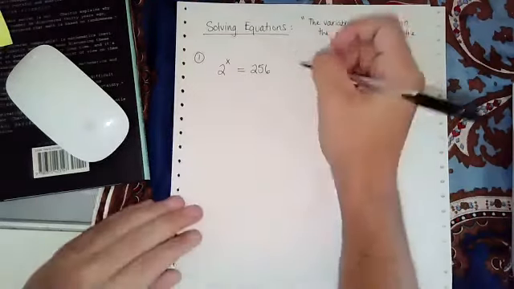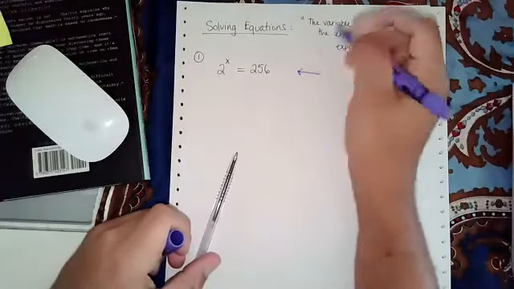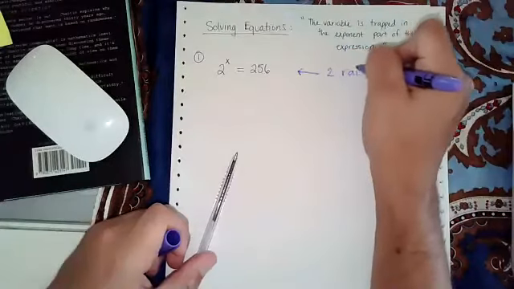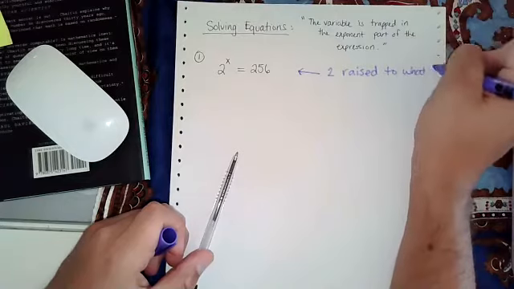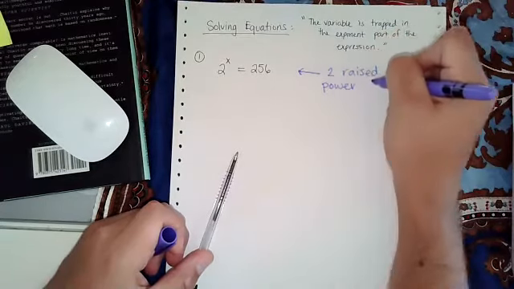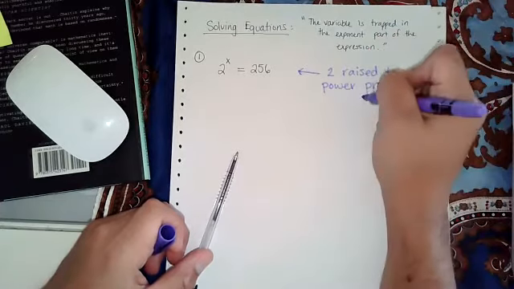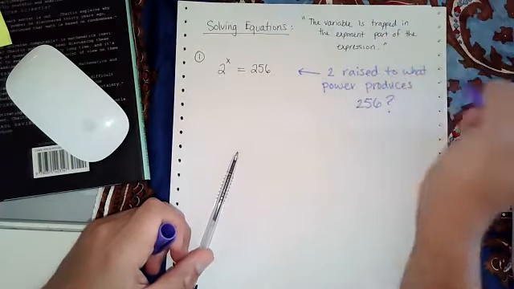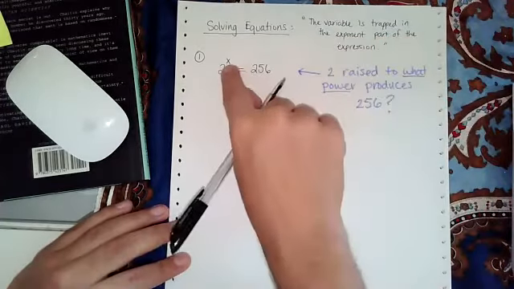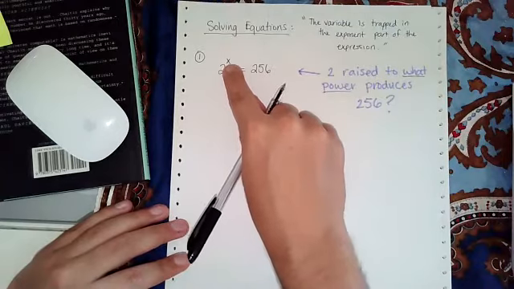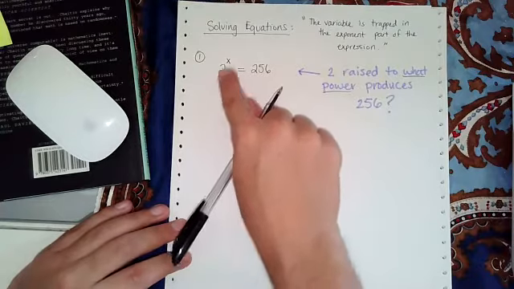What this statement is asking you is essentially, 2 is the base, right? So 2 raised to what power produces the output 256? So basically I'm asking, what power do I need here in order to get 256 if I'm taking the number 2 and raising it to some power?